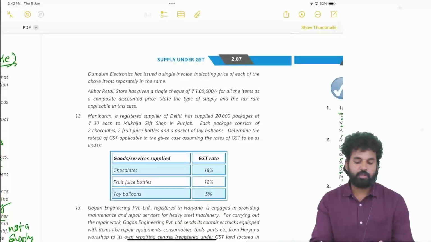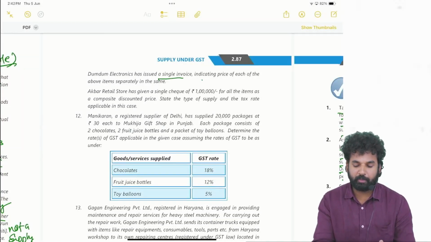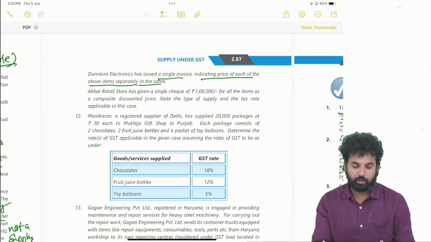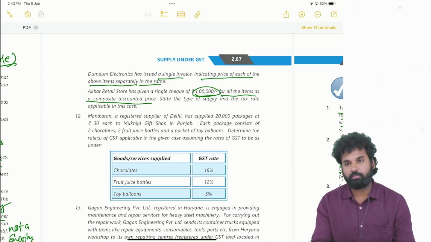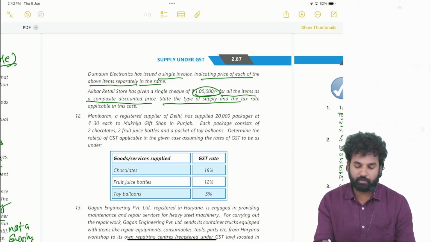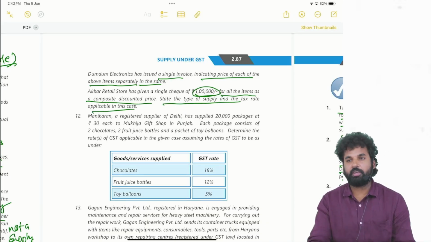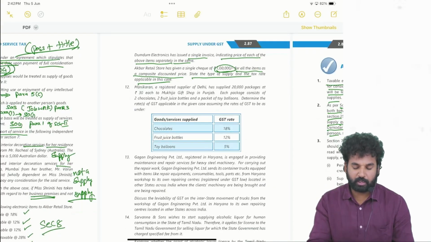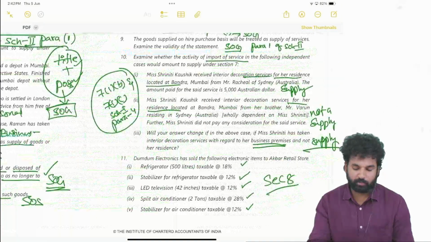Dum Electronics has issued a single invoice indicating the price of each of the above items separately. Akbar retail store has given a single cheque of 1 lakh as a composite discounted price for all the items. State the type of supply and the tax rate applicable in this case.